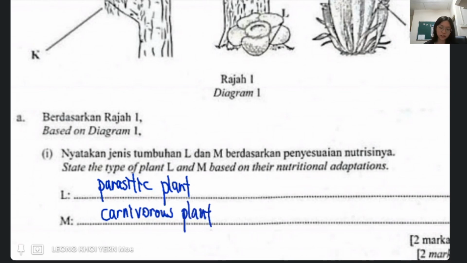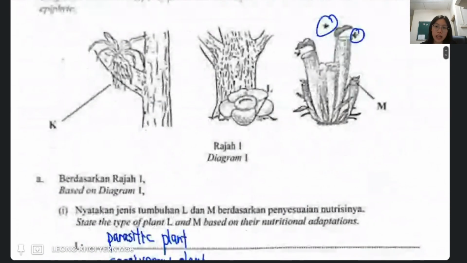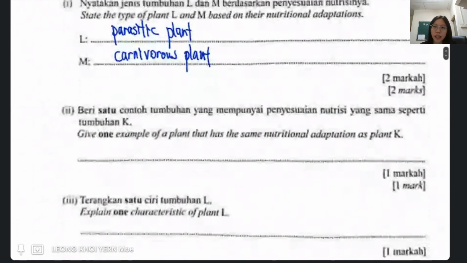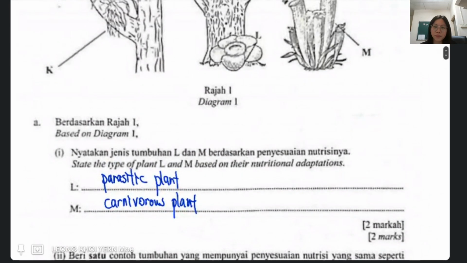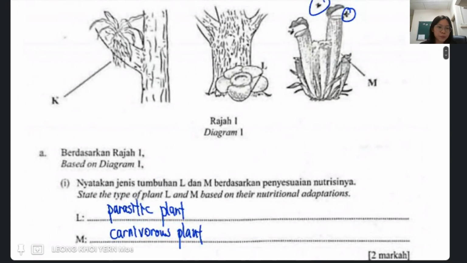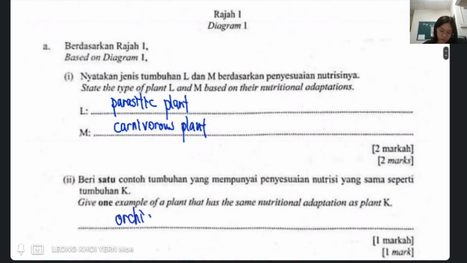K actually grows on the tree trunk, but in a different way. They want to obtain more sunlight, that's why they grow at the higher part, not the lower part. So this one is a bird nest fern, which is an epiphytic plant. And give one example of a plant that has the same nutritional adaptation as plant K. So you can write orchid. Orchid plant.